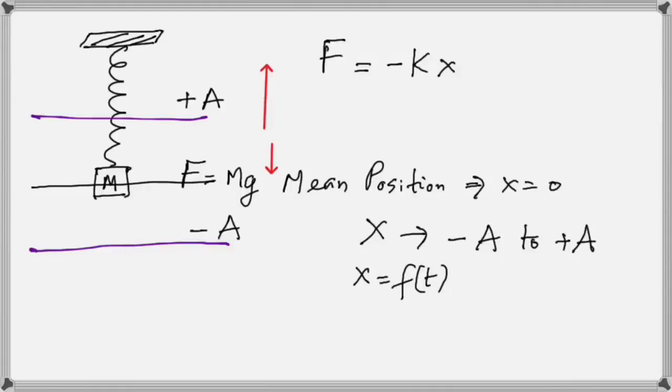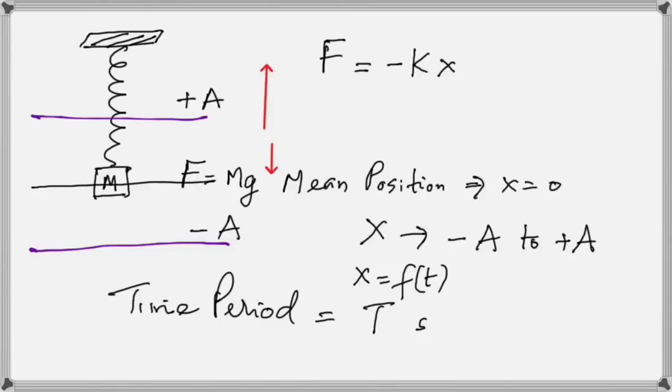So one oscillation is made up of 4 parts, and each one takes 1/4 of the time period. The time taken for one complete oscillation is called time period, and the symbol we're going to use for it is capital T. Of course, in seconds, right?